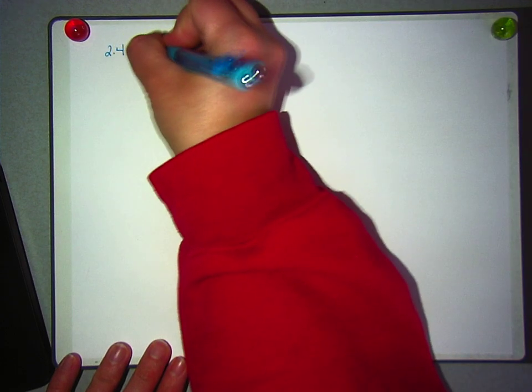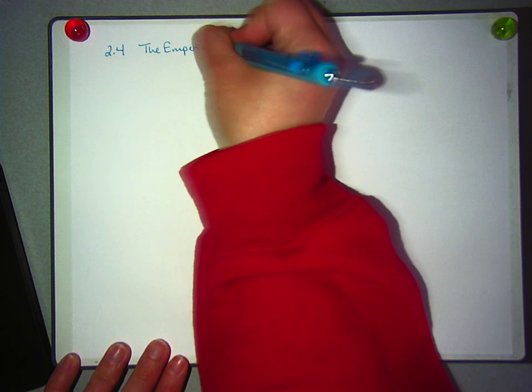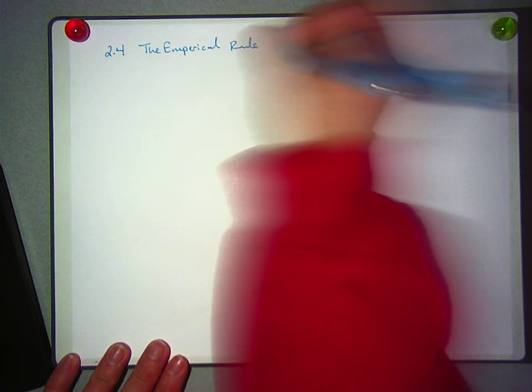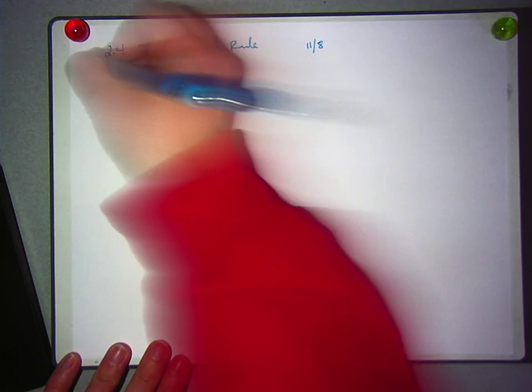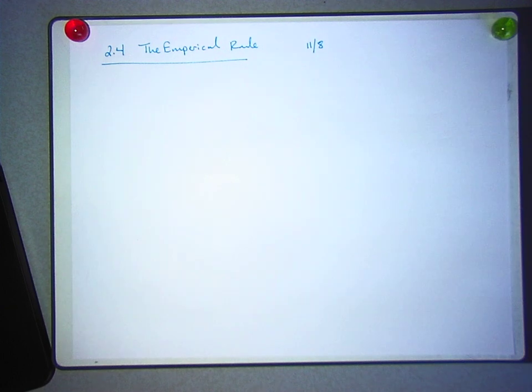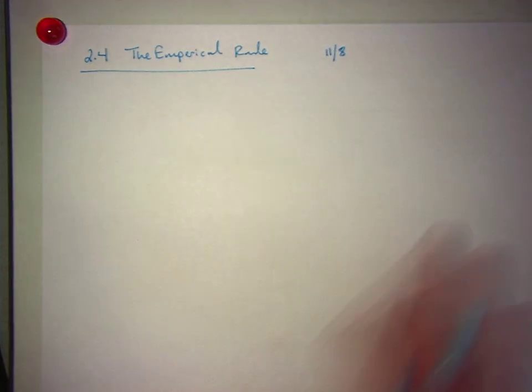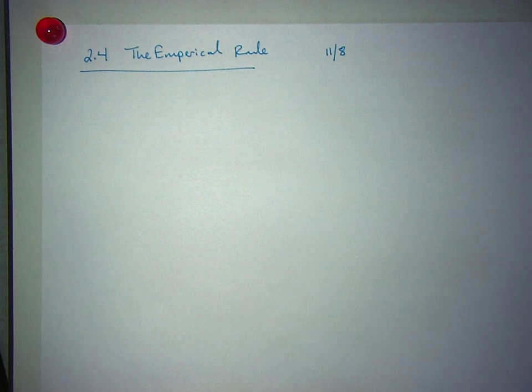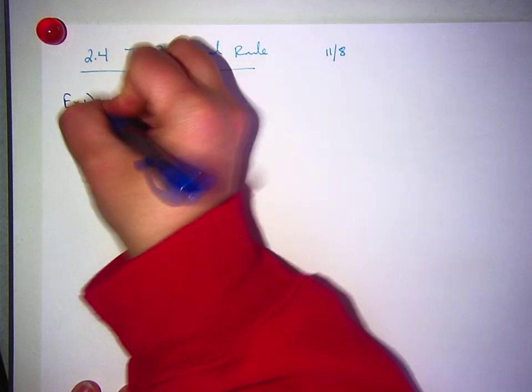The empirical rule. And today is 11/8. Okay. We're going to do just one example that I think will help you.